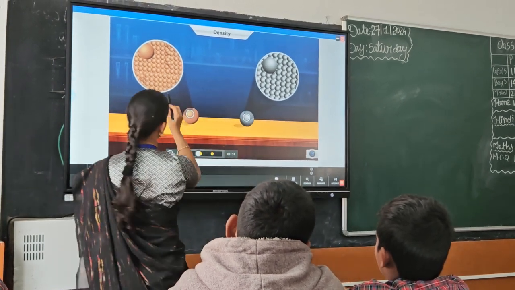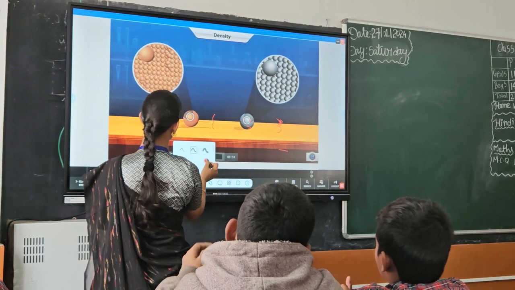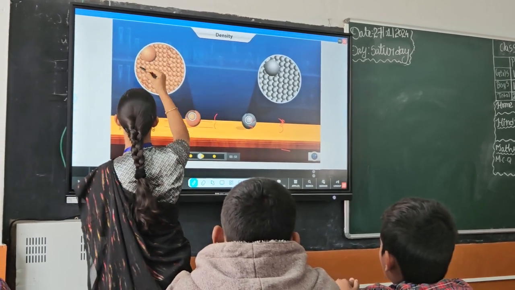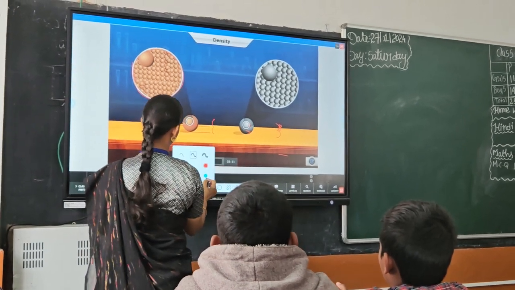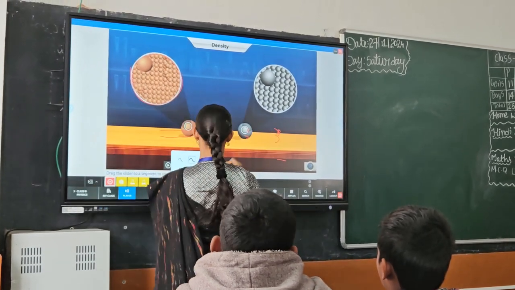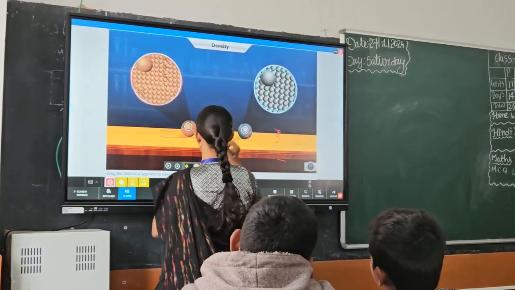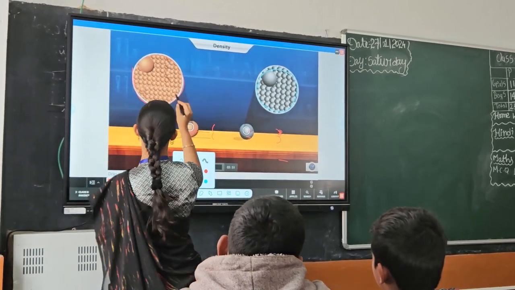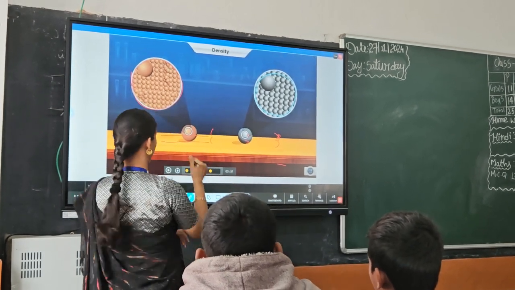So see here, this is copper and that is aluminum, right? For your understanding, I will write the molecules. Instead of copper and aluminum, I am taking some object A.